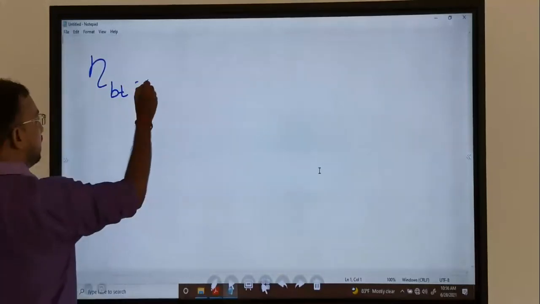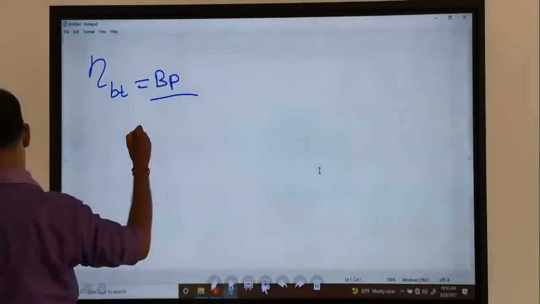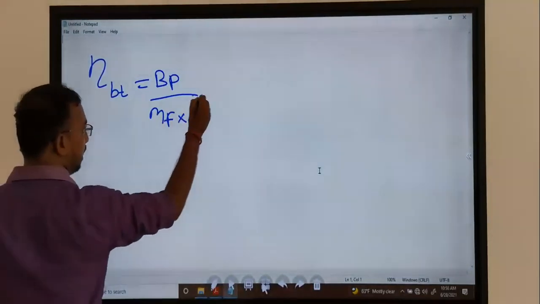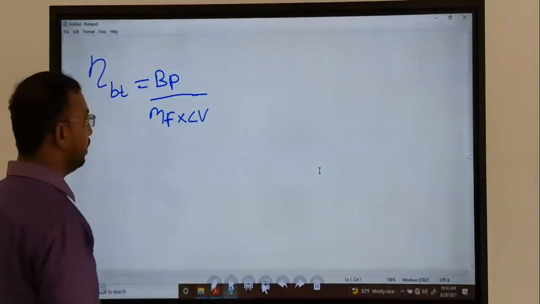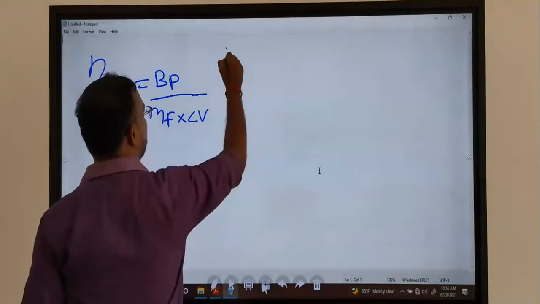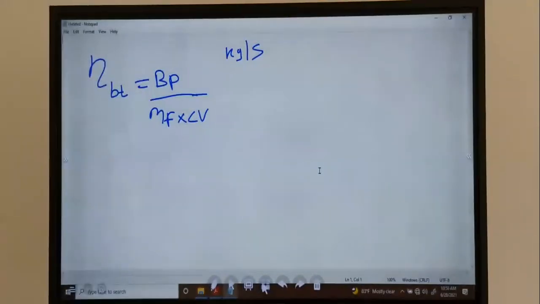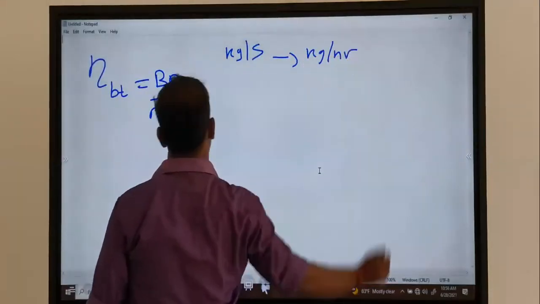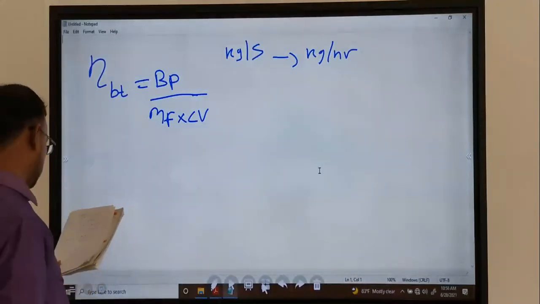The brake thermal efficiency equation is BP over MF into CV. In this equation the MF value comes in kilogram per second. Then we have to convert it to kilogram per hour. This is the thing we have to remember.